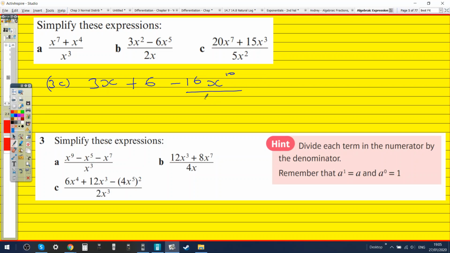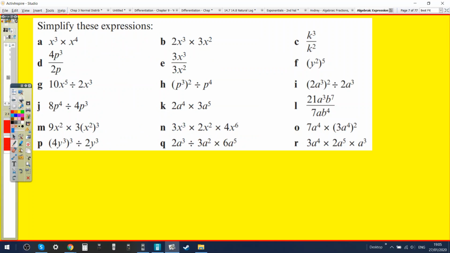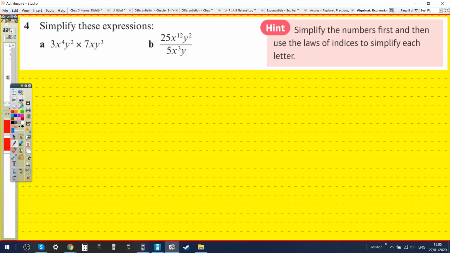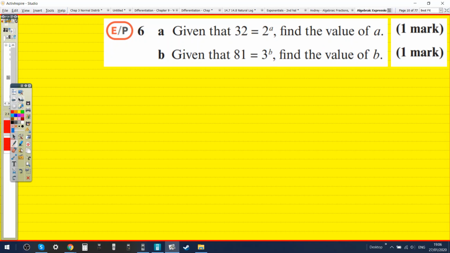And then that'll give minus 8x to the power of 7. X to the 7. That's it. And I don't have the answer for that one. Okay, these are fine. They're going to be fine.